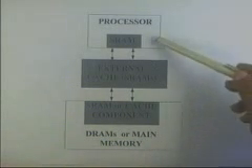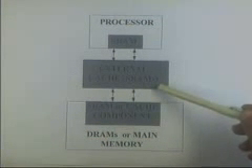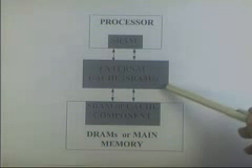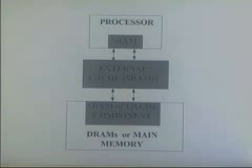Today's processors, in fact, are built with some kind of cache memory inside. So the question comes whether we still need cache memory outside or not. The answer is yes. Even if today's processor has some built-in cache memory, if you can provide some extra cache externally, that always helps in increasing the speed of the processor to some extent.